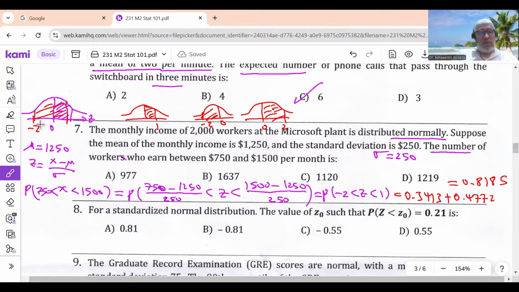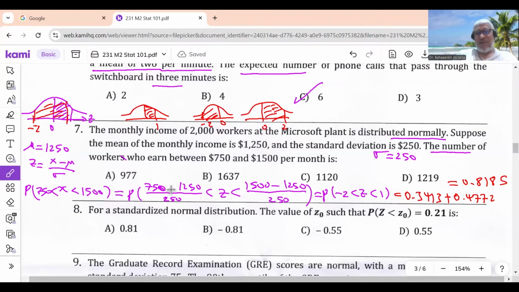So to find the probability from -2 to 1, I find the probability from 0 to 1 plus from 0 to -2. From 0 to 1 is 0.3413. From 0 to -2 is equal to 0 to 2, which is 0.4772. Adding these two probabilities will give you the probability from -2 to 1. Now, this is the probability that X is between 750 and 1,500.